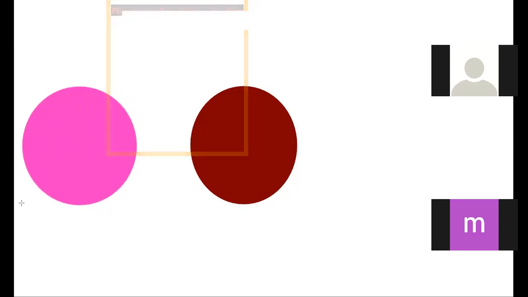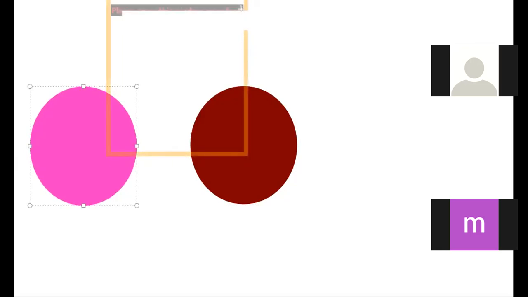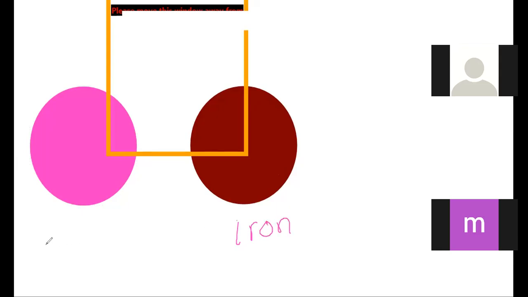Are they of the same size? Yes. But look, the surprise here. Don't judge quickly. This is an iron ball, but this one is a cotton ball.